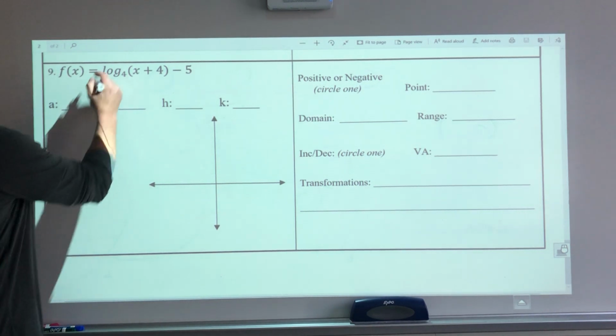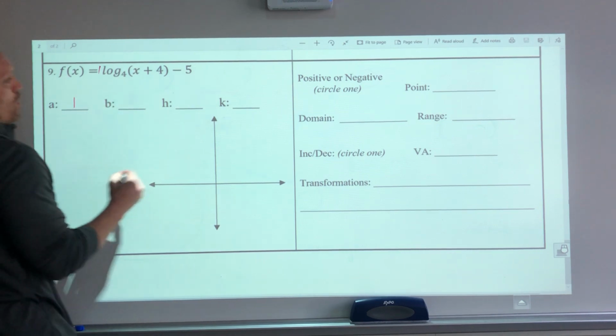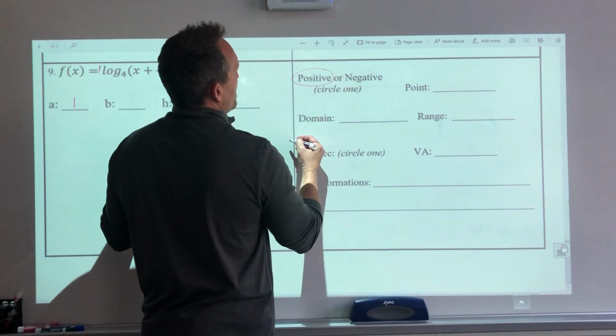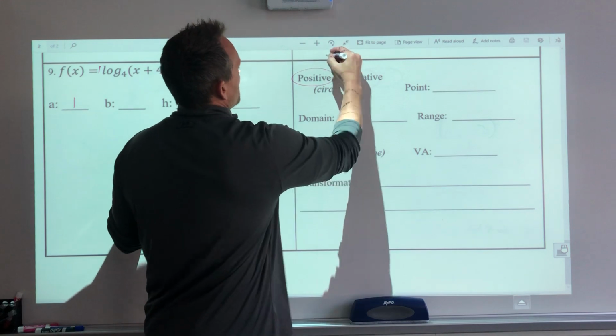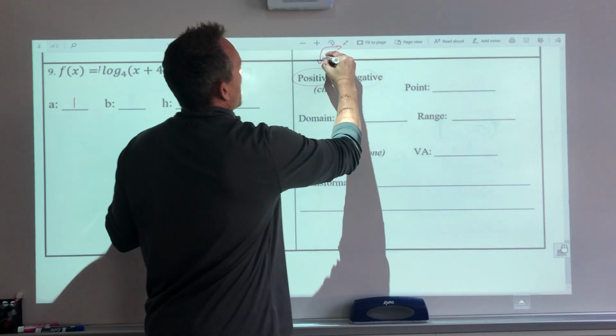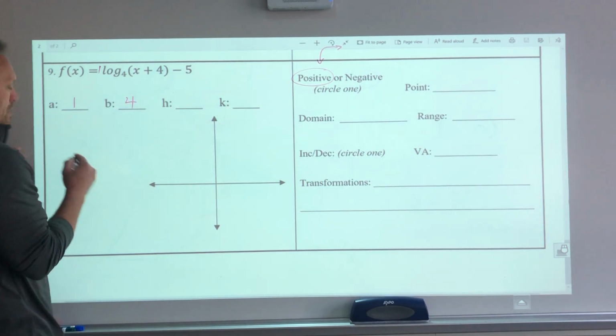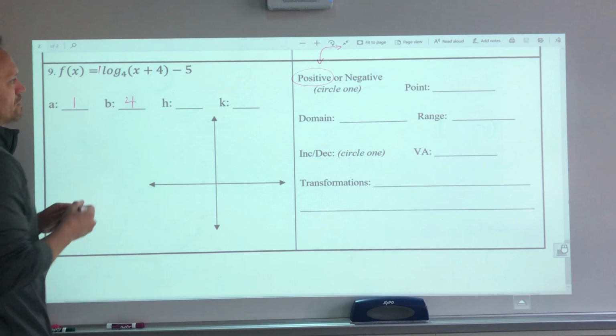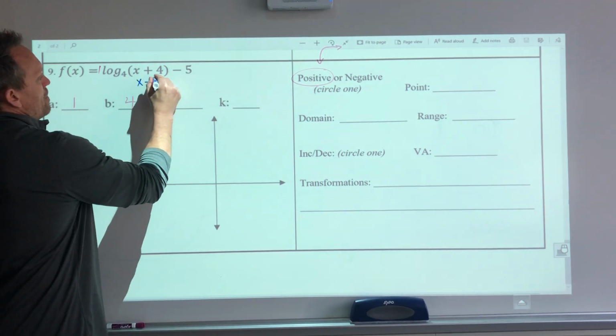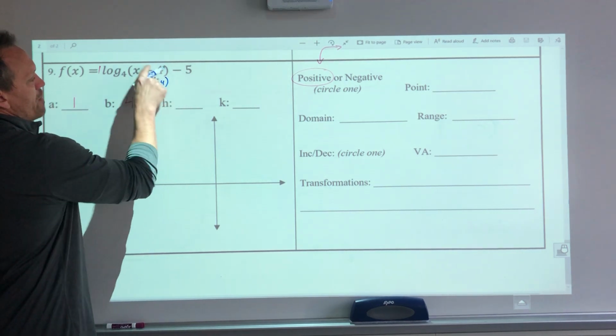Alright, so A is 1, is still positive. It hasn't been reflected, which means it's going to look like that. Before we even do anything, baseline understanding. 4 doesn't really matter. X minus negative 4, because that gives me my plus.